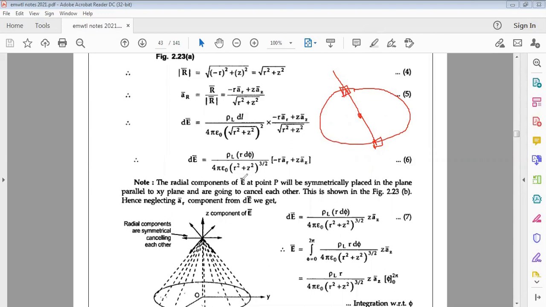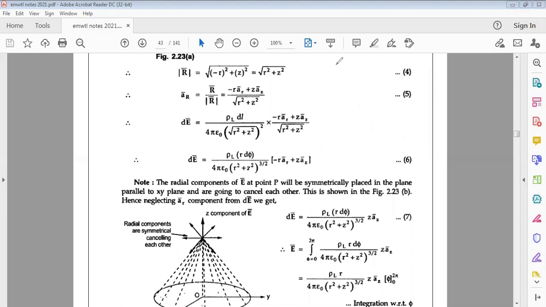See, the radial components of dE bar at point P will be symmetrically placed in the plane parallel to the xy plane and are going to cancel each other. Hence, neglecting the aR component from dE bar. We are neglecting the aR bar component. Previously, we neglected the z component because the charge is uniformly distributed on the z axis.